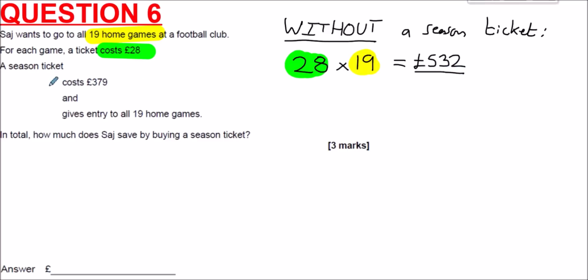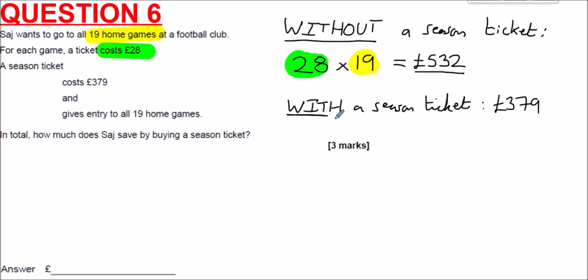But with a season ticket, it costs him £379, and it gets him into all the games he wants to see. So with a ticket, I've just been told what it is. It's just at the side of what I'm writing. £379. So how much he saves is just the difference in between these prices.